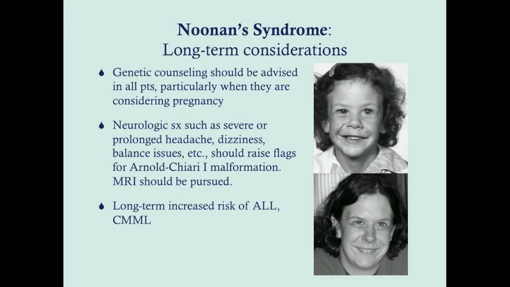Neurologic symptoms such as severe prolonged headache, dizziness, balance issues, all of those things should raise a flag for Arnold-Chiari 1 malformation, and so you should get an MRI to assess for that. And long term, they are at risk for hematologic cancers. That includes ALL and chronic myelomonocytic leukemia.